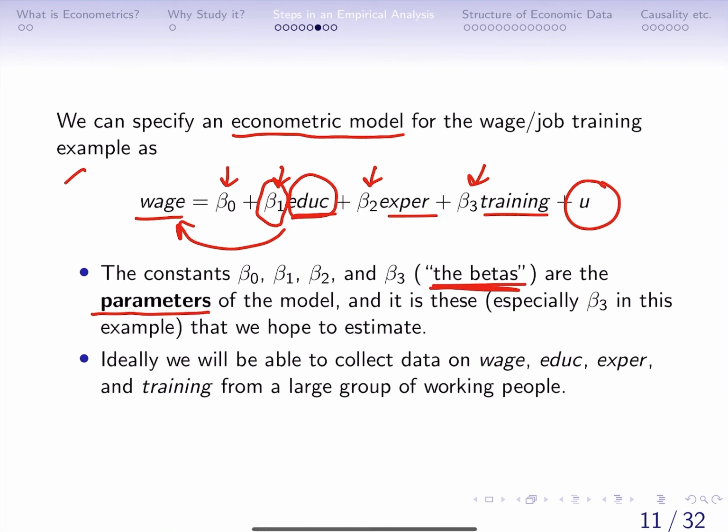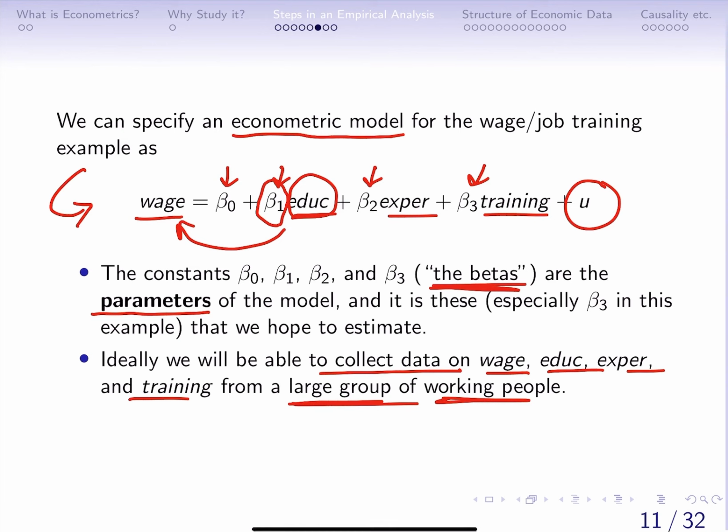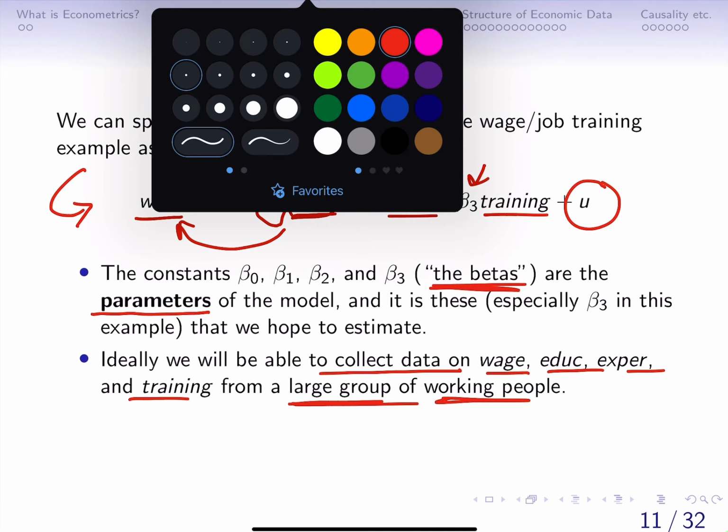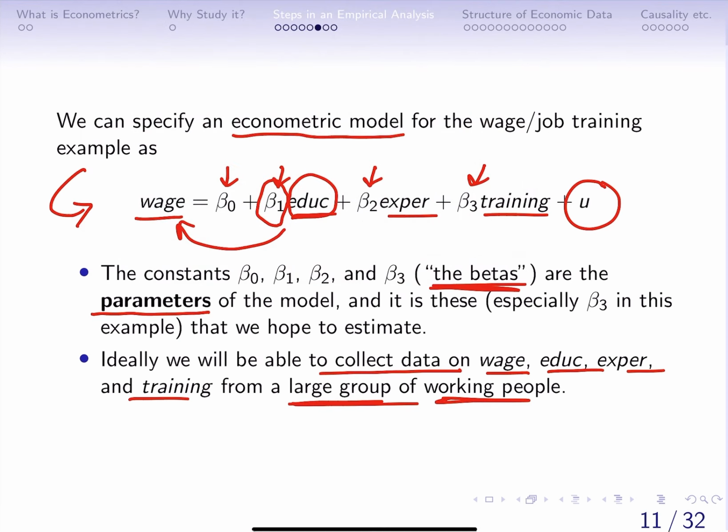So once we've formulated the econometric model, we want to get to the data. Hopefully we have data on all of these variables that we came up with. If we are able to collect data on wages, education, experience, and training from a large group of working people, we might be able to answer this question. And remember that in statistics, you always think about a population.